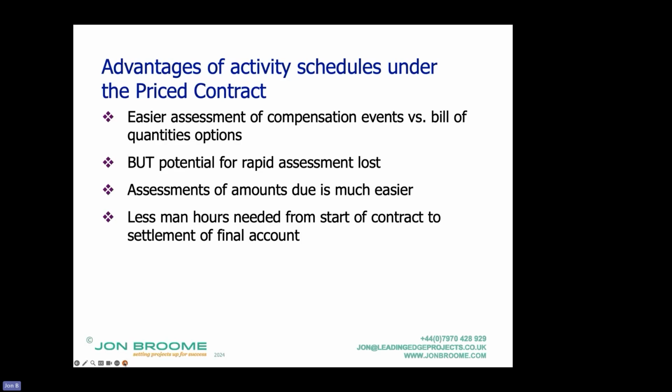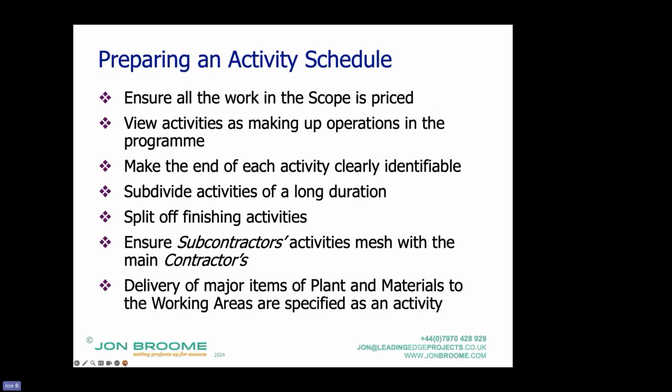It's just the activity completed, and by and large, it's the contractor who prepares the activity schedule. So it's in the contractor's interests to have well-defined activities, because if there's a grey area, as they're the one who prepared it, the grey areas count against them. If the client prepared it, the grey areas would count against the client.